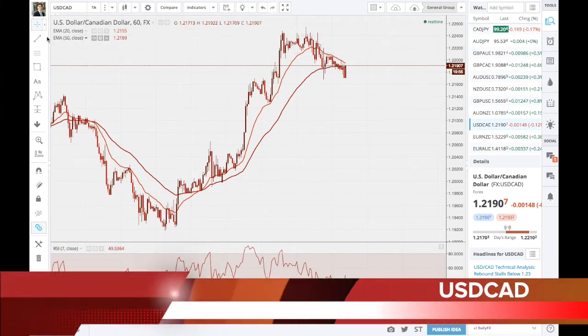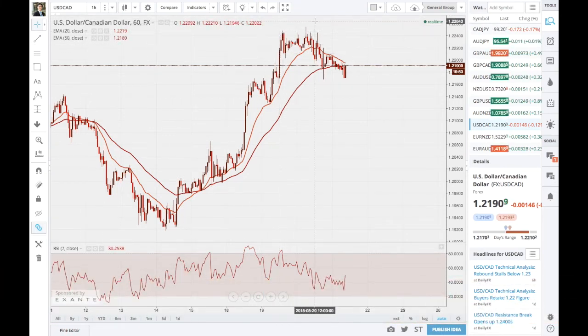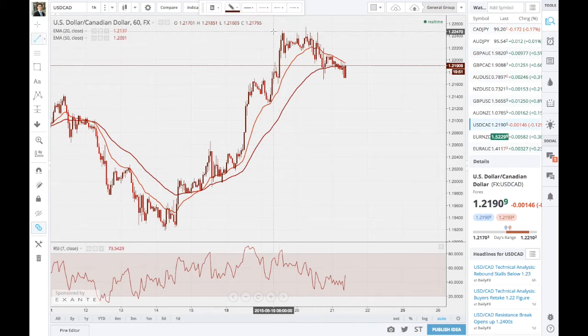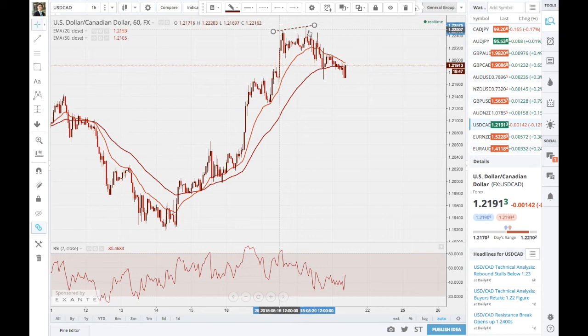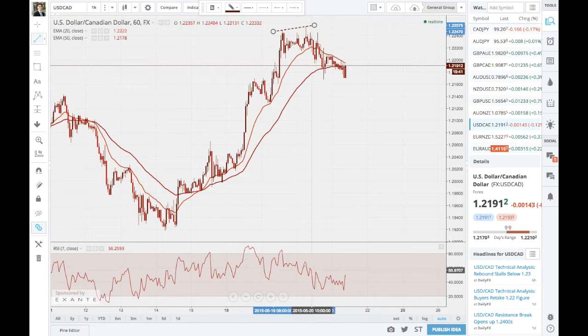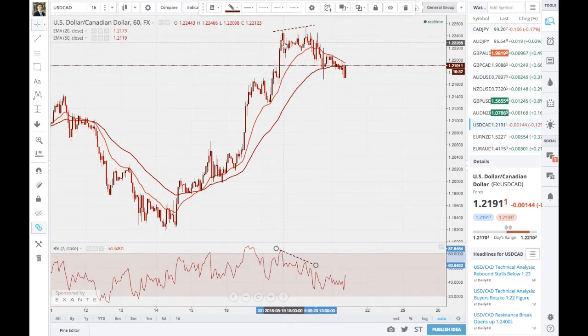If you look at this level here, price has formed a higher high, from here to here. But if you look at your RSI, the oscillator indicator, the high has formed a lower high. So this one is higher, this one is lower, but price prints a higher high. This is what we call a divergence.